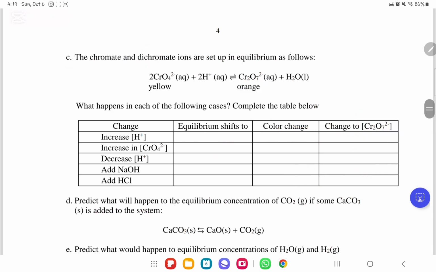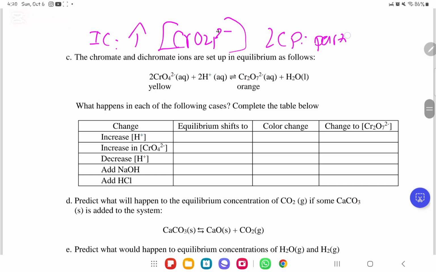Now for the second one, I'll do it quicker because it all became easier. Now if we're going to increase the concentration of CrO4 2-, our imposed change is increasing the concentration of CrO4 2-, then according to Le Chatelier's principle, there will be a partial counteraction.